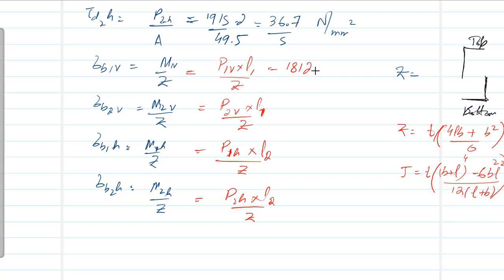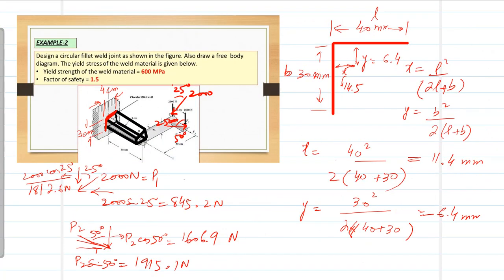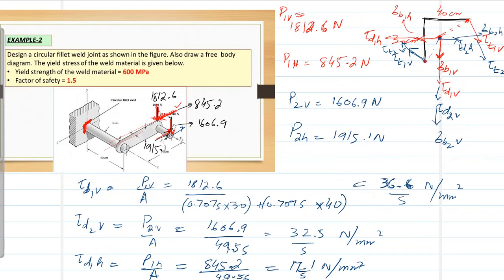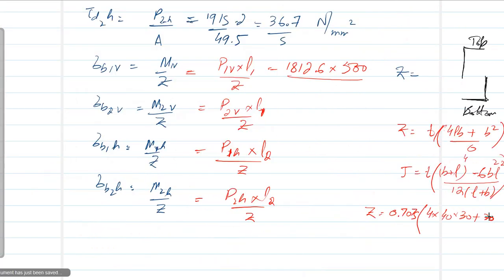So P1V is 1812.6 into 500 divided by Z, and now we have to find Z. Z is equal to 0.707 S into 4 into, what is L? L is 40, into 30 plus, what is B again? B is 30 square divided by 6.